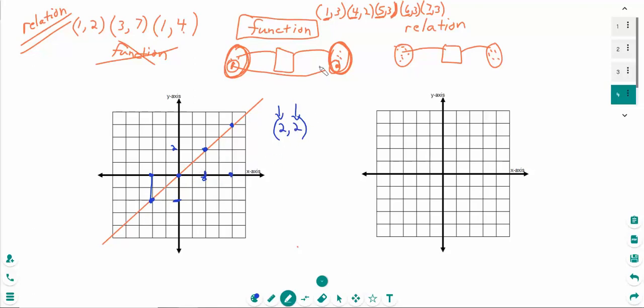All right? So is there any coordinate on this line where I select some x, and that x will give me 2 y's? In other words, is there more than one output for a given input? Because remember, that's what we're looking for here.